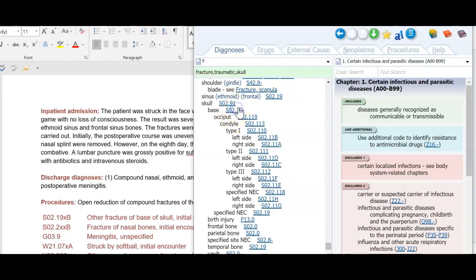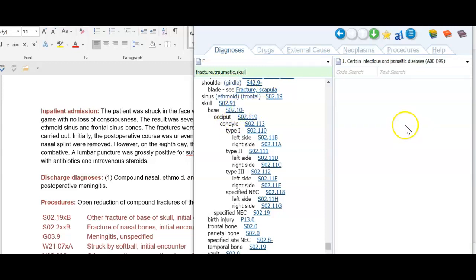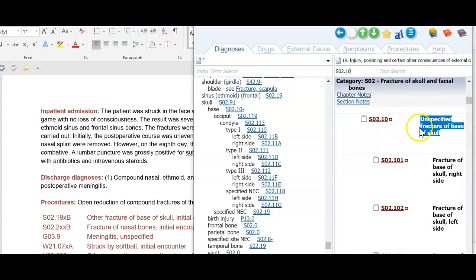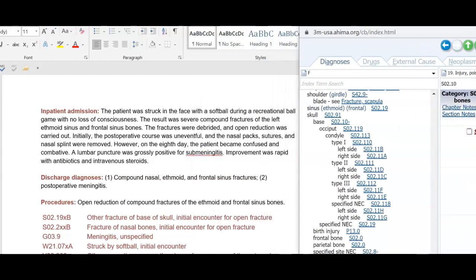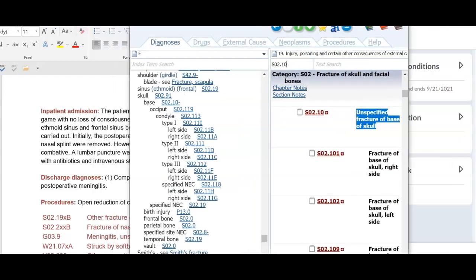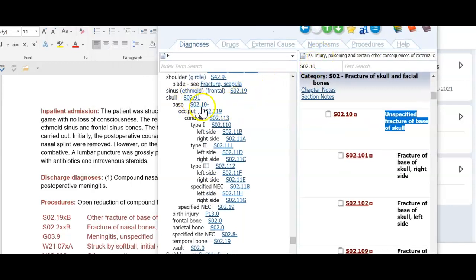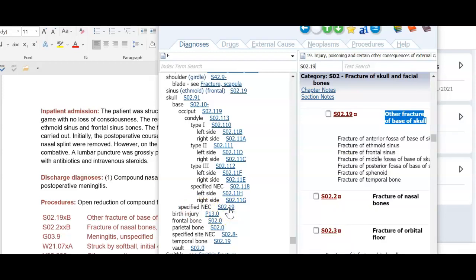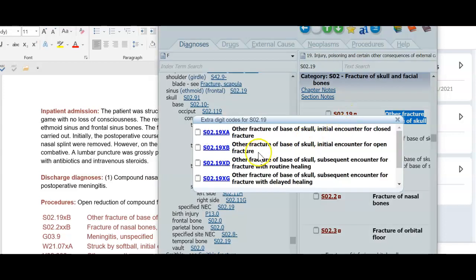And if I go base, it takes me to other fracture base of the skull. So I want to go base, and we are going to go down to specified, which takes me to S0219, and then I'm going to click on that. This is initial encounter open, so it's going to be XB.